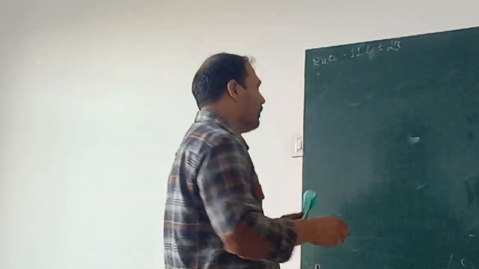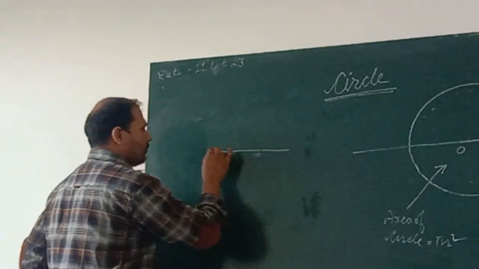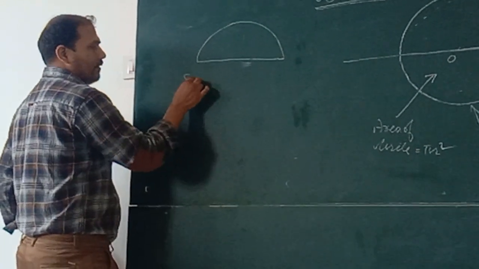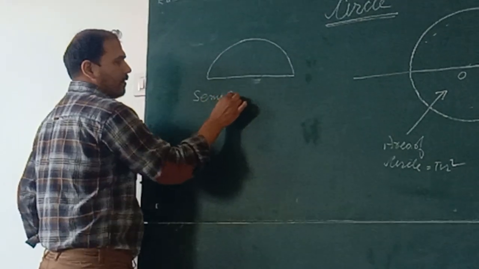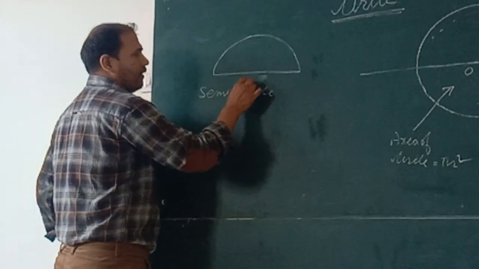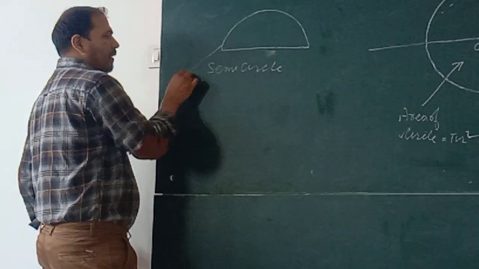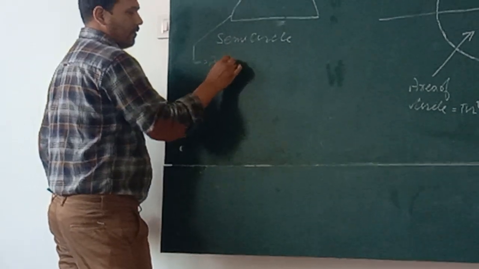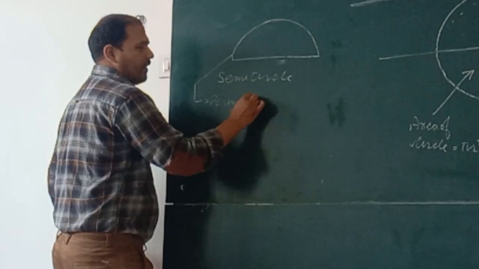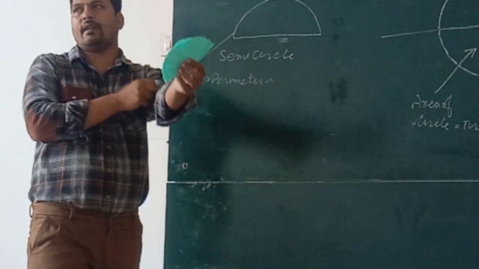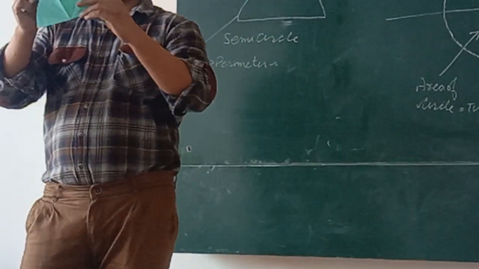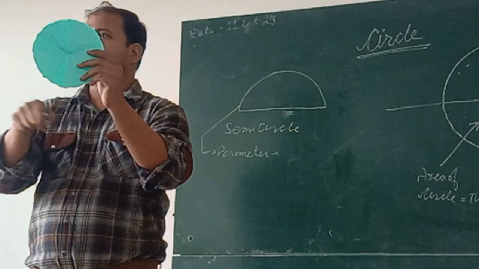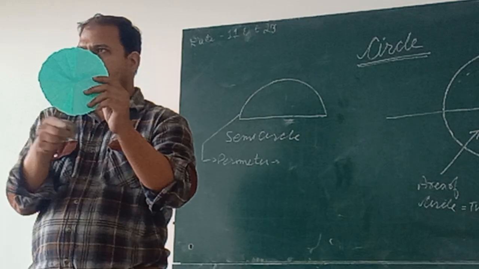First of all, we will draw the semicircle and find the perimeter. The whole circle's perimeter is the circumference, 2 pi r.